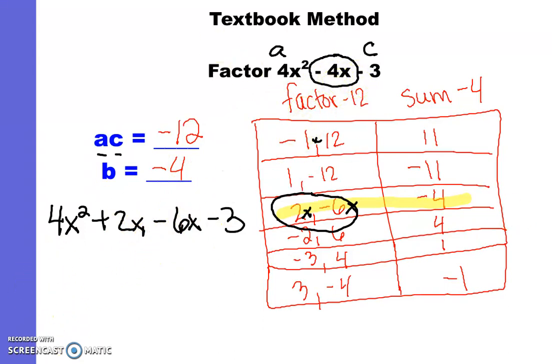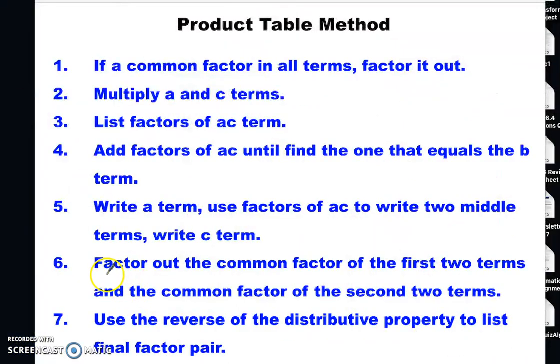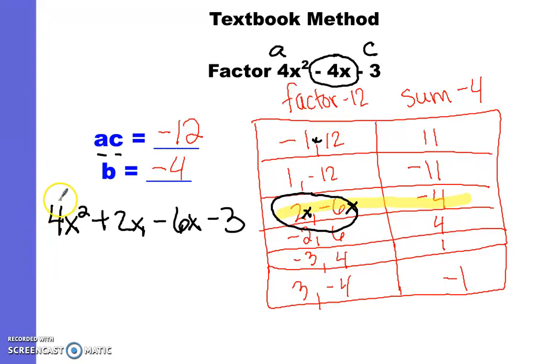Okay, so then the next step is to factor out the common factors of the first two terms. So I want to group the first two terms together, and I want to factor out a common factor. So just looking at these two right here, I want to be able to factor out something that's common in both of them. 4x squared, 2x, they both have a 2 and an x in them.